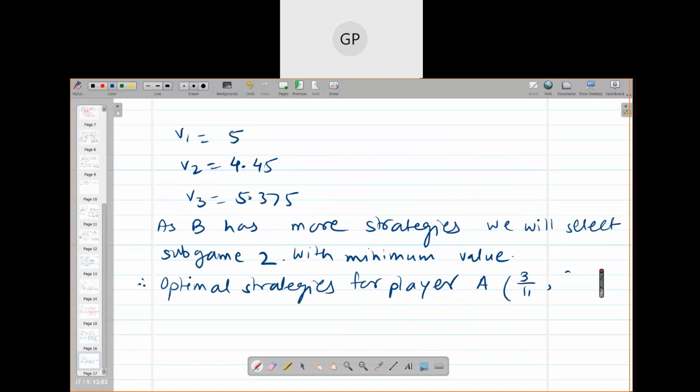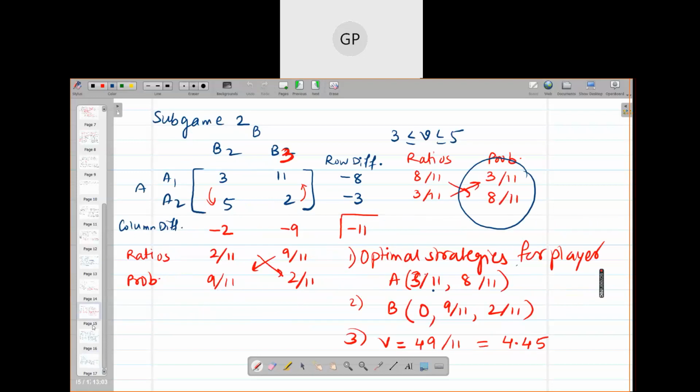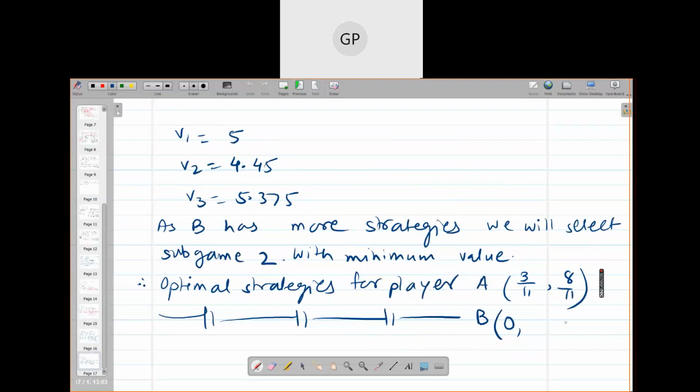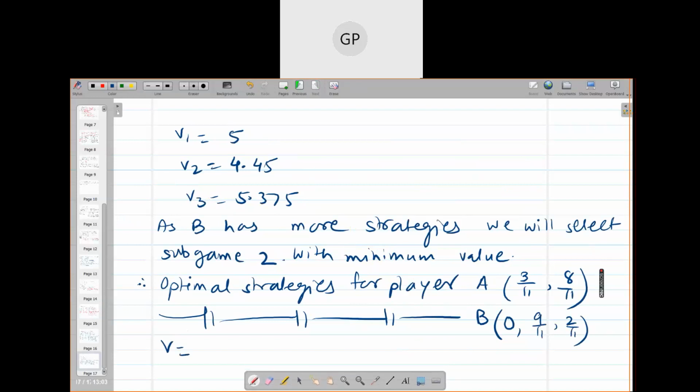Optimal strategies for player B: first we will write 0, then 9 by 11, 2 by 11. Okay. And the value of the game is 4.45. Okay. Have you understood it?